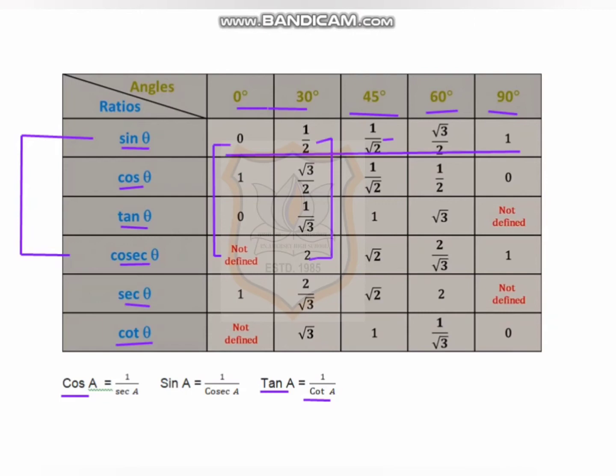In the same way, take the reciprocal of 1 by root 2 and we get the value of cosec 45. In the same way, cosec 60 is the reciprocal of sine 60, and the reciprocal of 1 is 1. Is this clear?